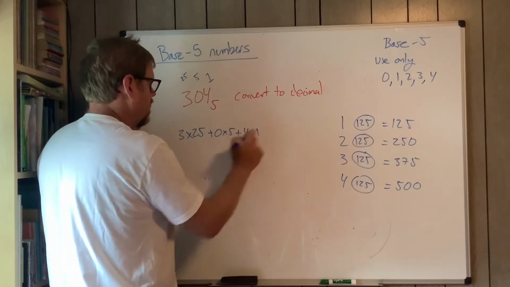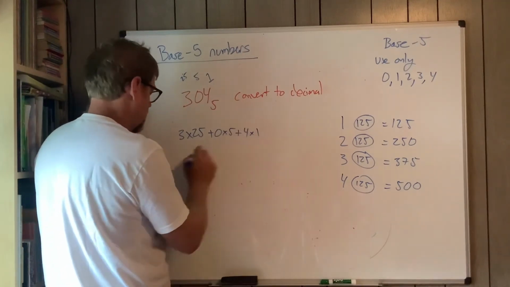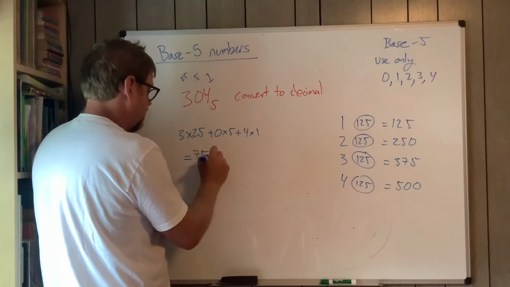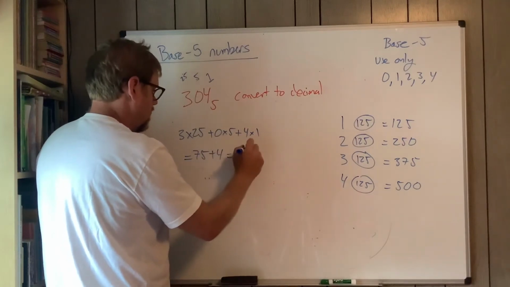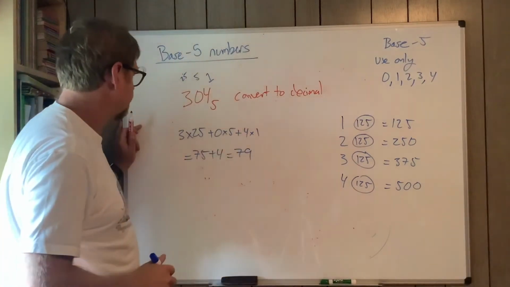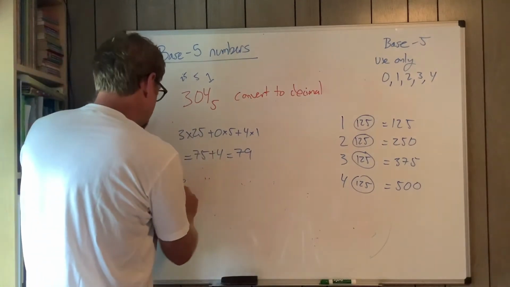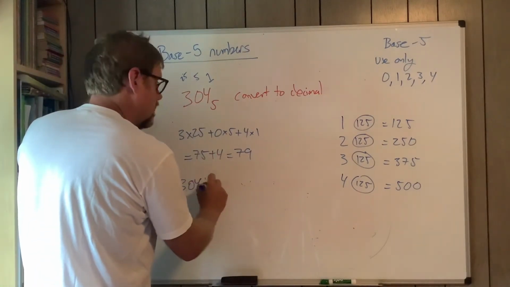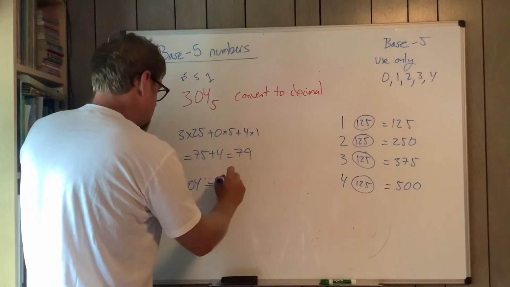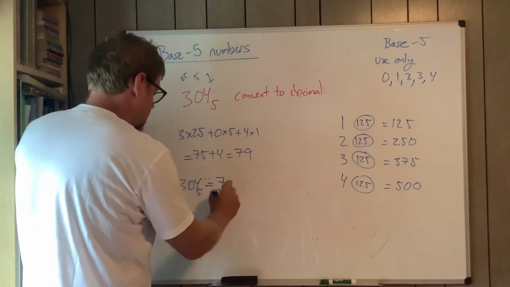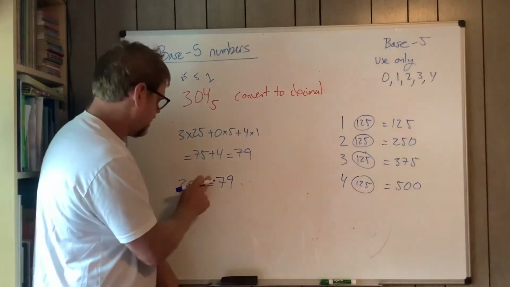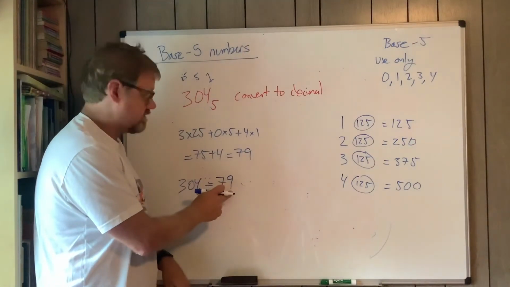And 4 pennies. 75 plus 4 is 79. So 304 in base 5 equals 79. And again, I don't need to write anything on this because it's decimal.